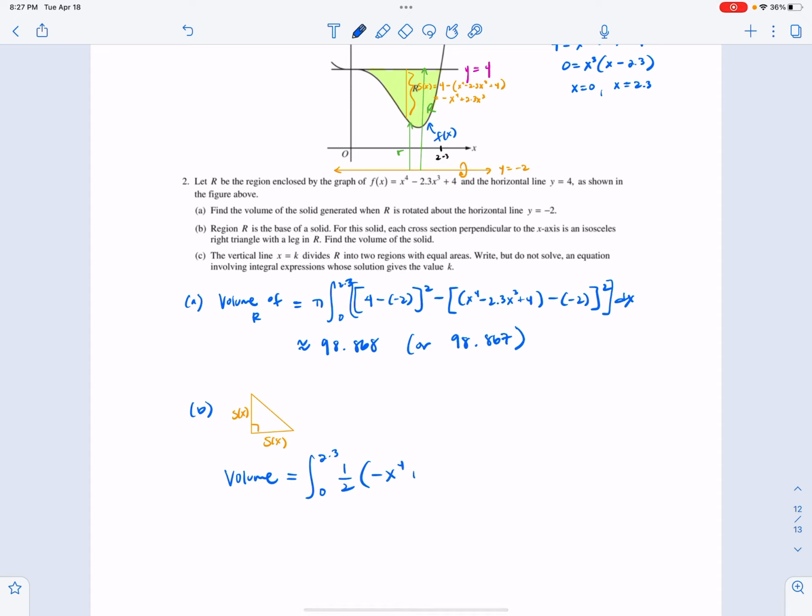So negative x to the 4th plus 2.3 x cubed squared dx. And then when you put that into your calculator, they will accept 3.574 or 3.573.